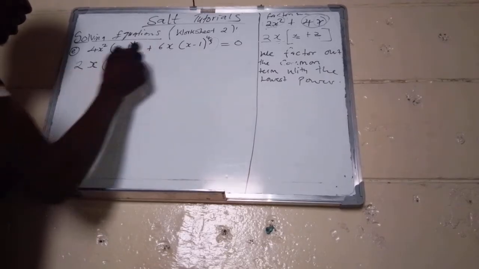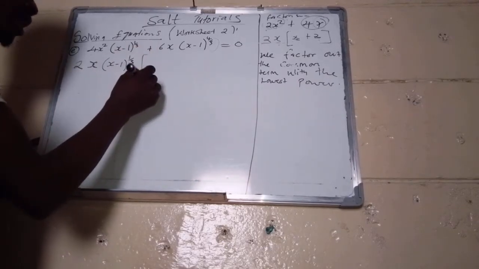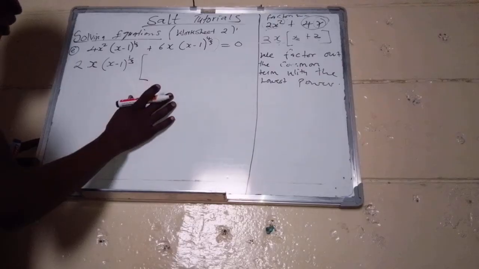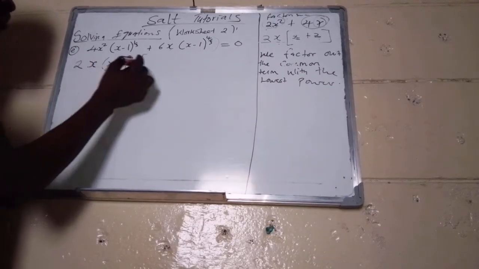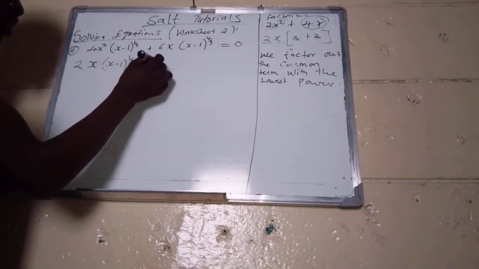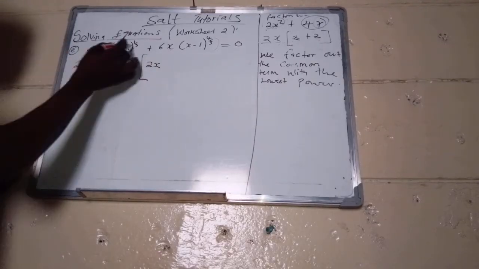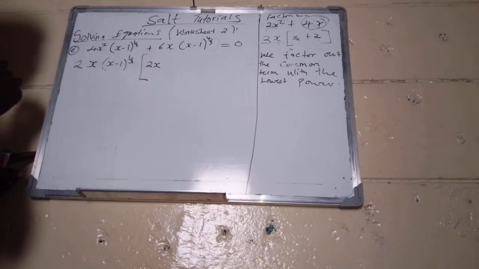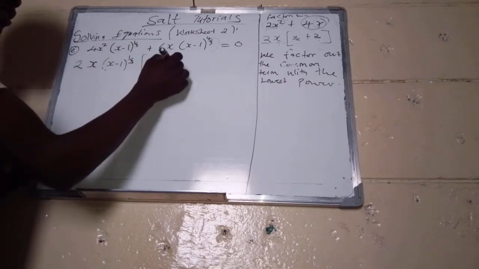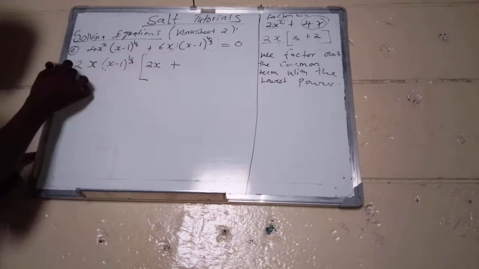We open our bracket. What is now going to remain inside here? If I divide this by 2x, what do I remain with? I remain with my 2x like that. This divided by this, there is a 1, so it is just the 2x which is going to remain. Plus 6x divided by this 2x, I'm going to remain with the 3.